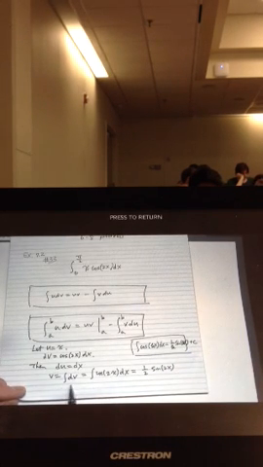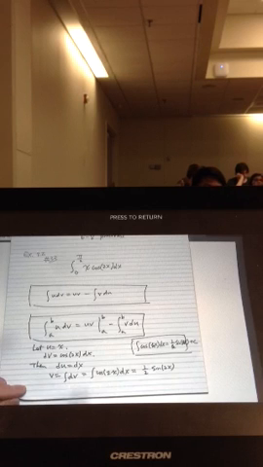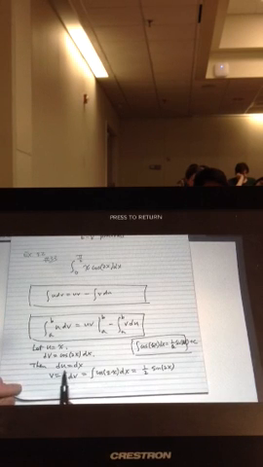In this setting, I don't need to have a c because I just need one such function v whose derivative is cosine 2x. So my du is dx, my v is 1/2 sine of 2x.